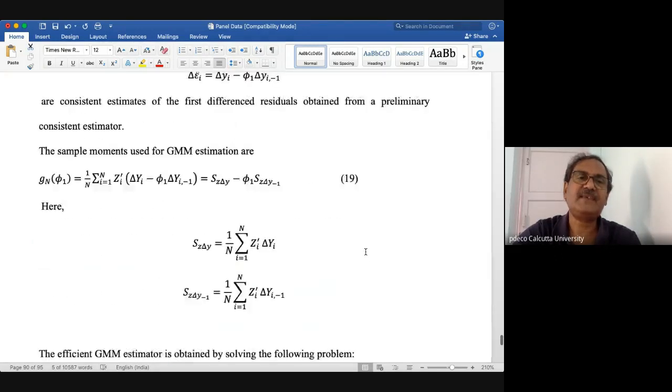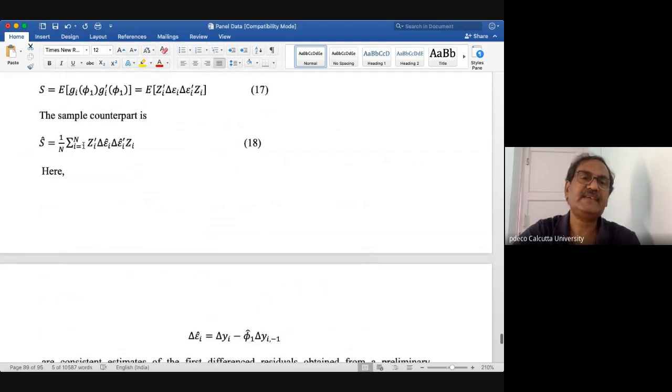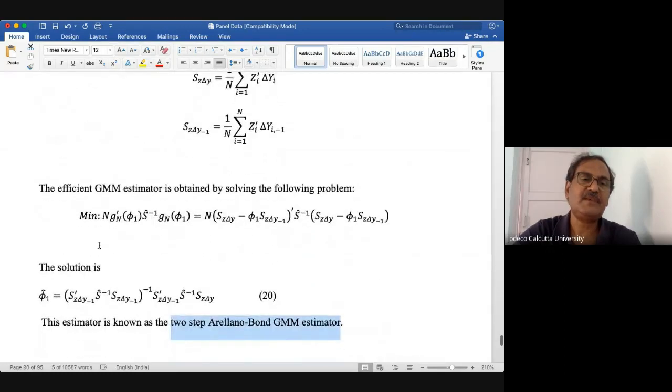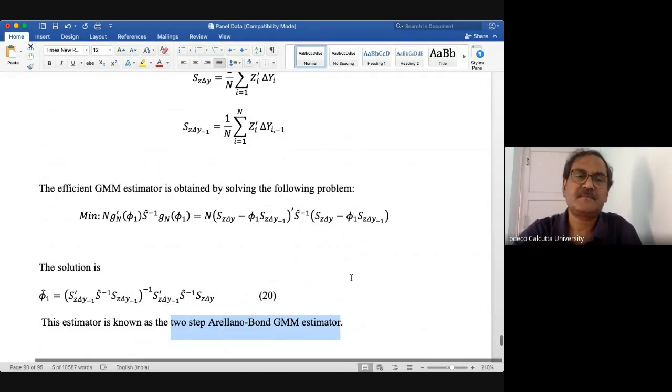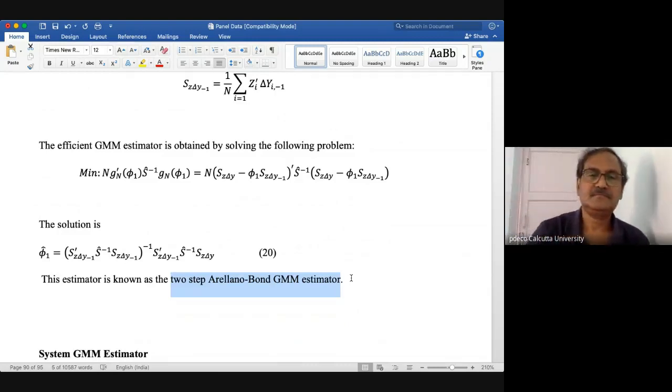In the first step, you have to estimate S hat. In the second stage, by using this S hat, you have to estimate the value for phi 1. Okay.